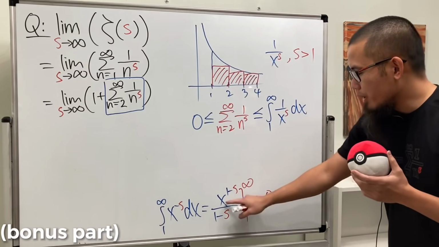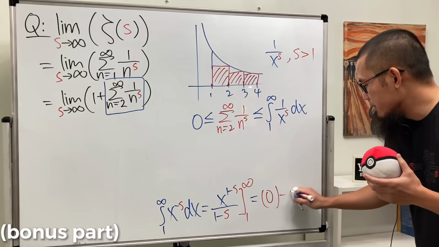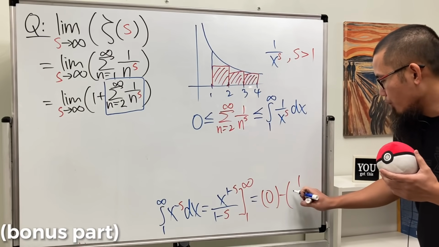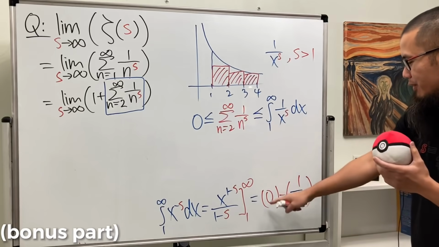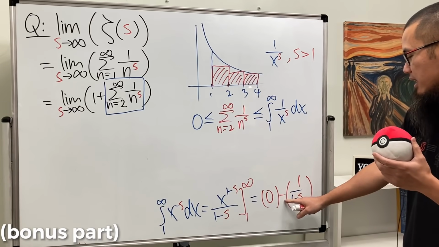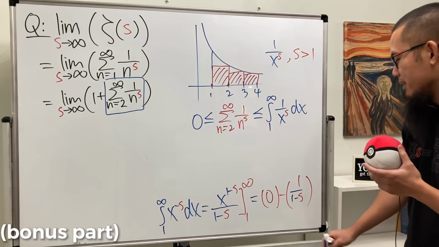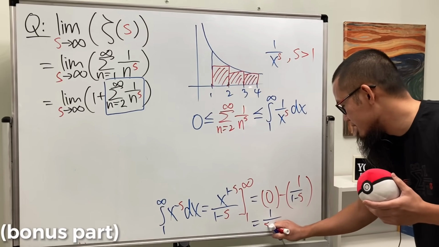And then when we put 1 right here, it's just 1 over that. So we have this, and then 1 over 1 minus s. Yeah. So that's that. And of course, you can use the negative to switch the order of the subtraction, but it doesn't really matter. I'm still going to do it. 1 over s minus 1.